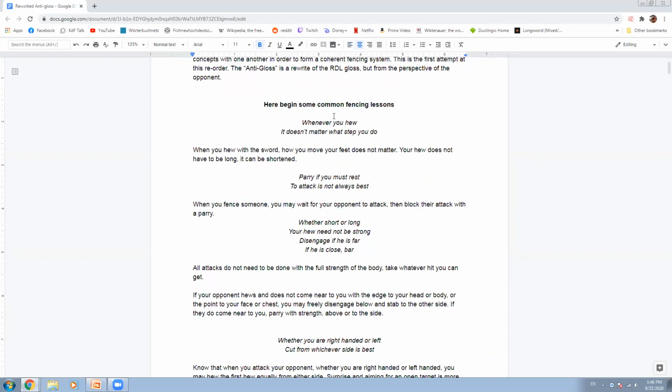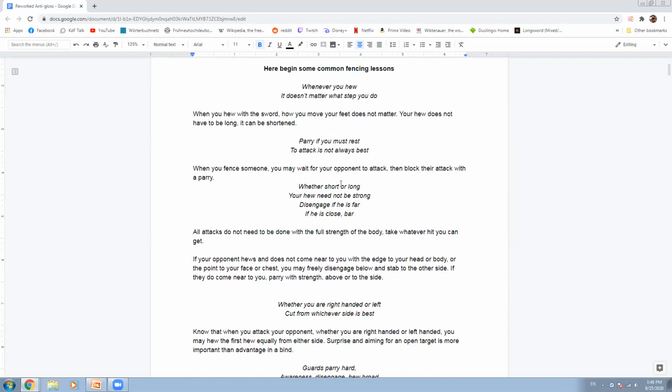It's really good at pointing out your weaknesses too, I think. If you read this and say, "Oh, I do that all the time," well, in that sense yes, but also if you're executing a gloss-based technique and you're countered by the anti-gloss fencer, that indicates a weakness in your execution in some way, shape, or form.